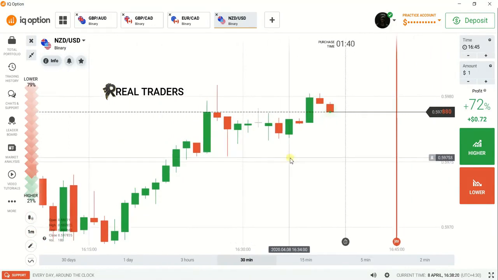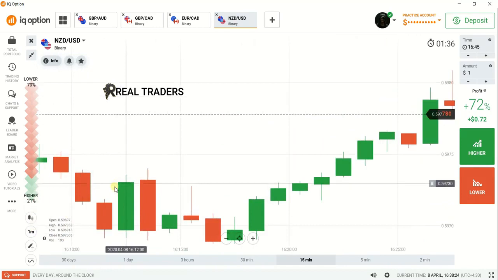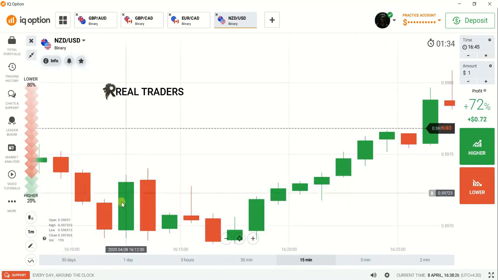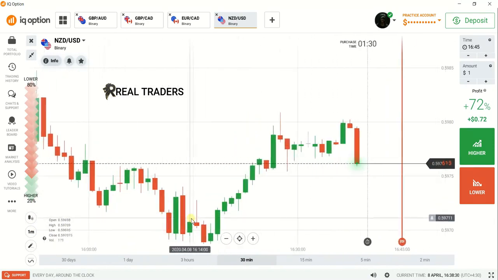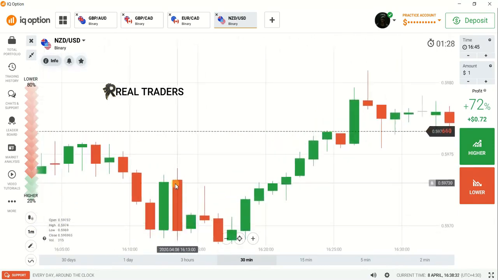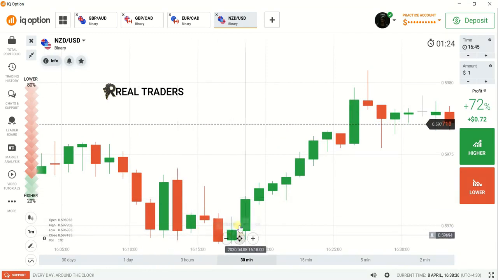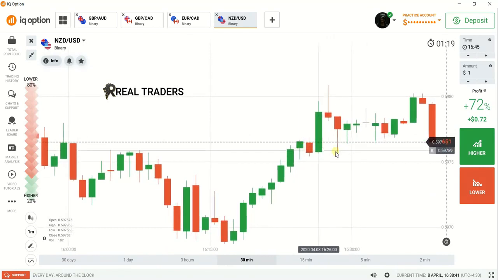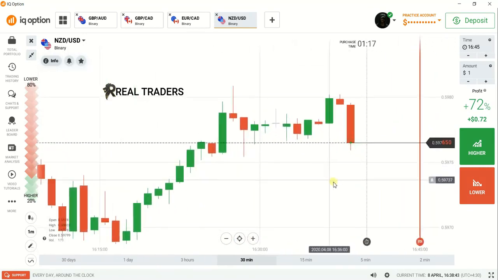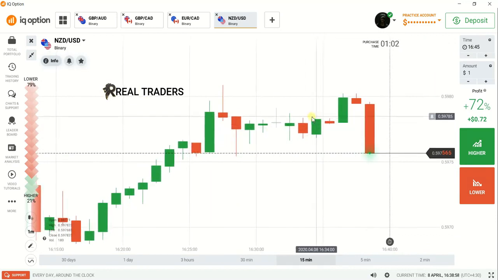So sometimes engulfing will work and sometimes it will not work, because this is binary option and we just predict one 1-minute candle, one candle. But in forex you can predict 1 hour, 1 day, or like this. But it is binary option, so you can see here sometimes engulfing will not work.